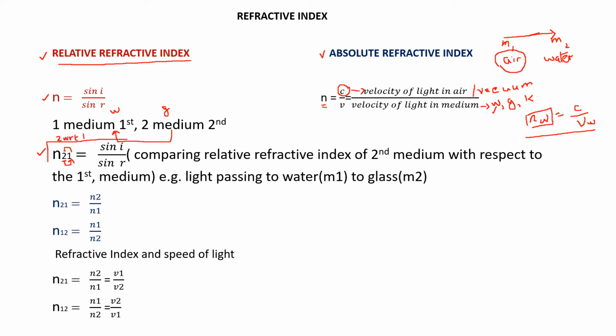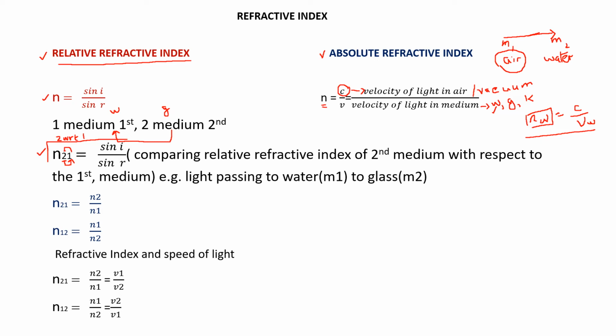So how are you going to read it? Refractive index of medium 2 with respect to medium 1, which is equal to the ratio of the sine of the angle of incidence to the sine of the angle of refraction. Clear, students?